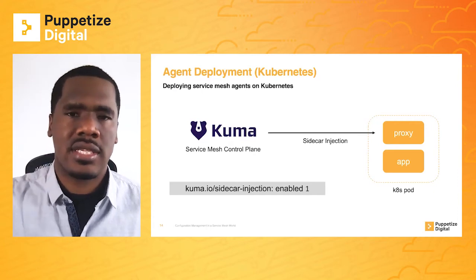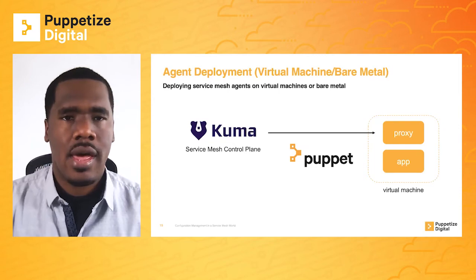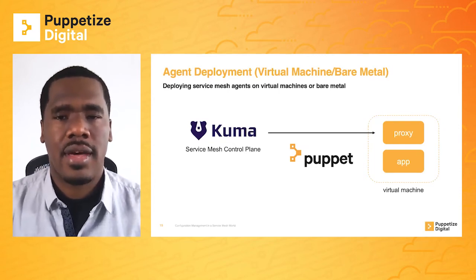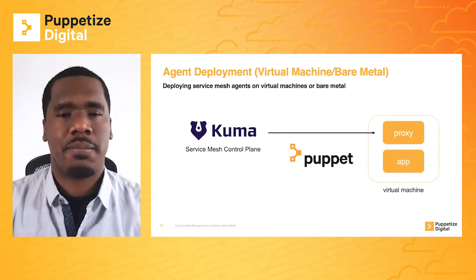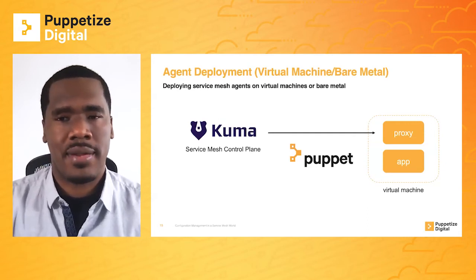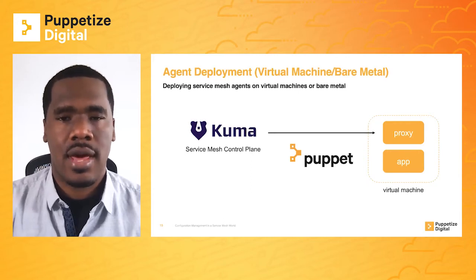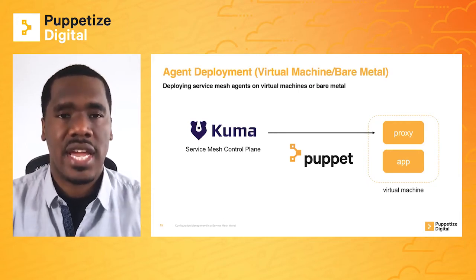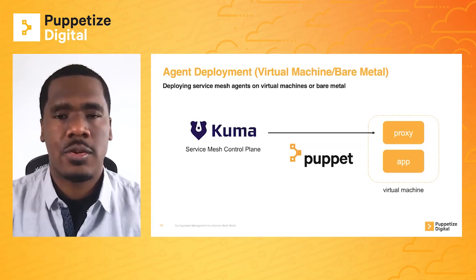So the challenge is, how do we do that on something like a virtual machine or bare metal? Obviously those that have been around configuration management for a while understand that this is the perfect place for a tool like Puppet, to help facilitate that service mesh agent injection into our virtual machines in a manner similar to Kubernetes.